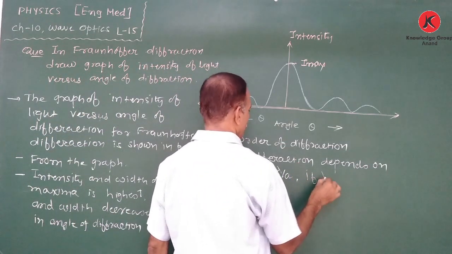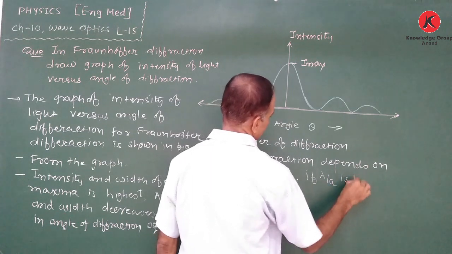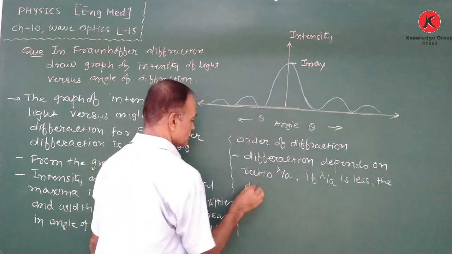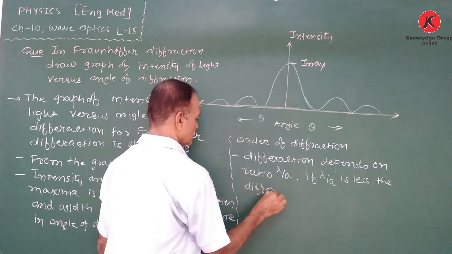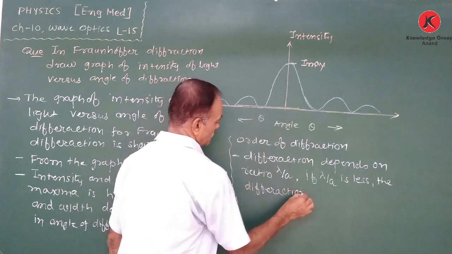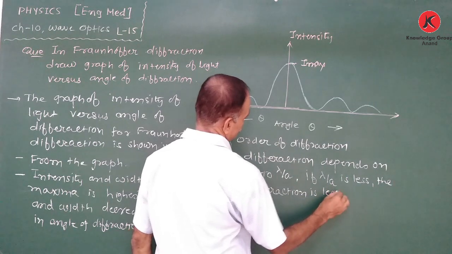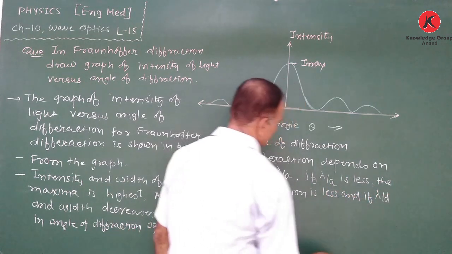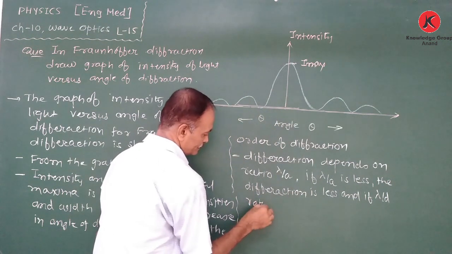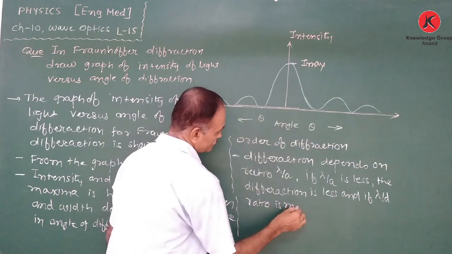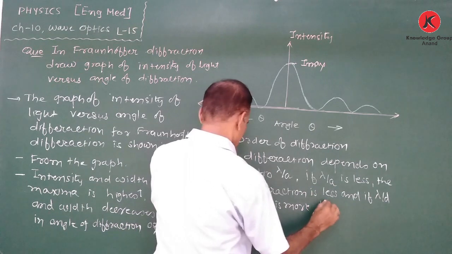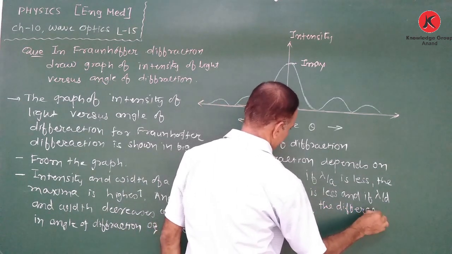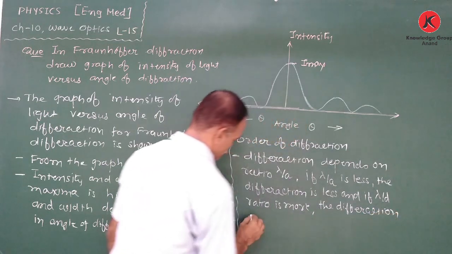If lambda upon a is less, the diffraction is less, and if the ratio lambda upon a is more, the diffraction is more.